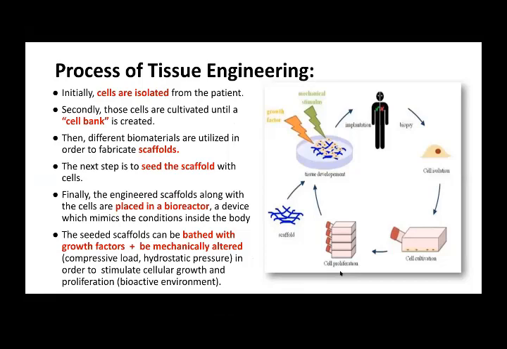Then these different biomaterials are utilized in order to fabricate scaffolds, which is a part of the triad for tissue engineering: cells, scaffold, and then the signaling molecules, the mechanical stimulus, growth factors, proteins that are used, and the bioreactors, obviously, in which the engineered scaffolds are placed.